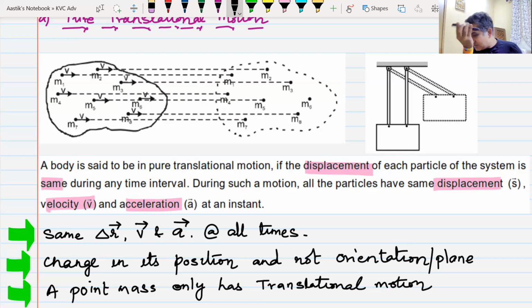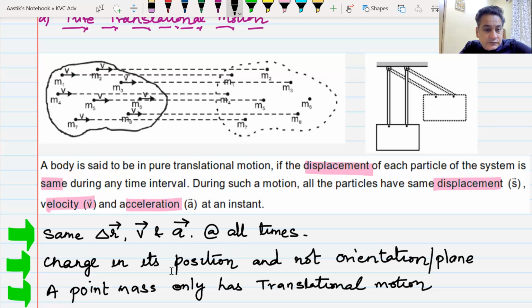Unless its plane changes, it is not rotation. So whenever we were saying circular motion, we were treating bodies as point masses, and therefore the motion was called circular. Do we understand this, or has this gone above our head? We understood, sir. Pure translation.